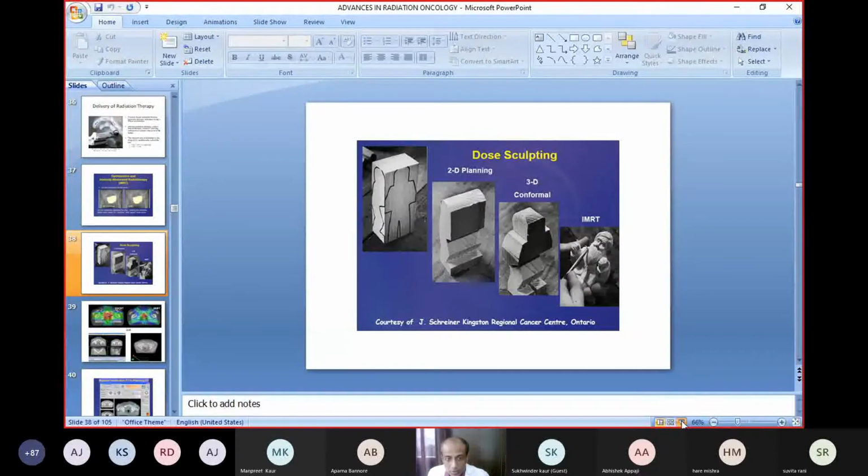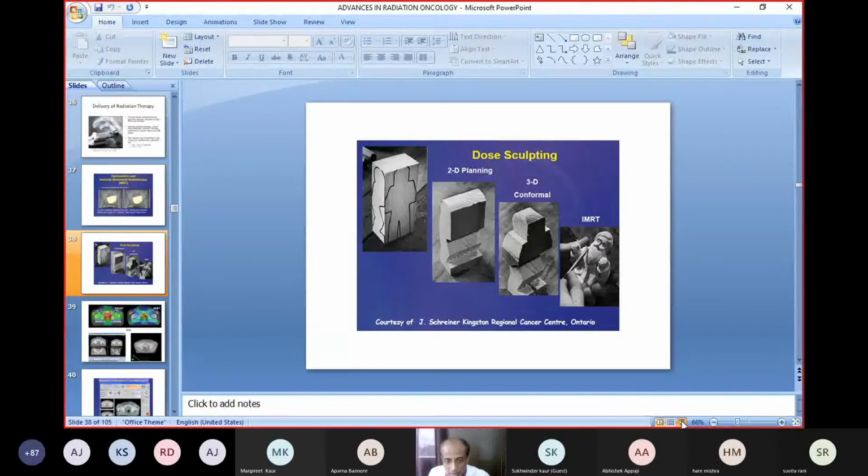And this is something called total marrow irradiation for leukemia patients, and then something called stereotactic radiation, which is a very highly specialized kind of radiation in a multiple metastatic setting, when a cancer arising from one body part spreads to different areas in our body like brain, neck, lungs, liver, and bone.